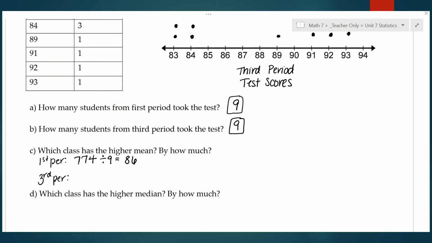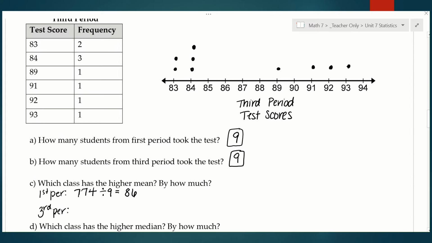Okay, so we have to do the same thing for period 3. So let's go ahead and let's add all of those scores together. So remember, because there's more than one dot at some of these, you could say 83 times 2 plus 84 times 3 plus 89 plus 91 and so on.